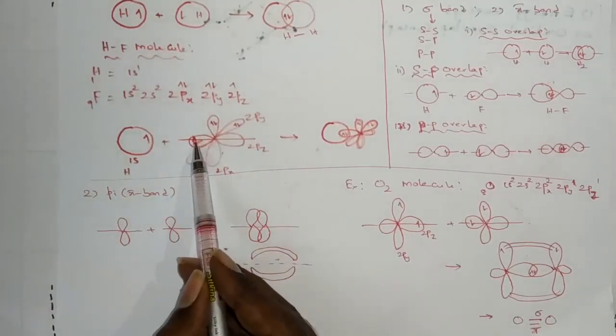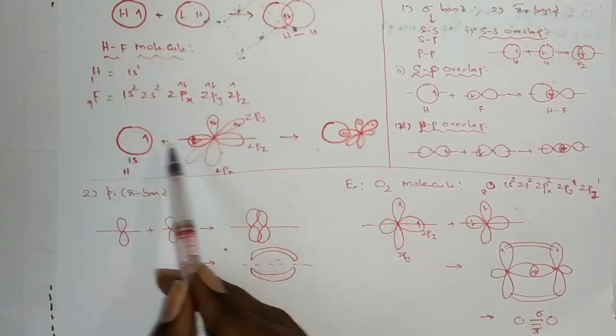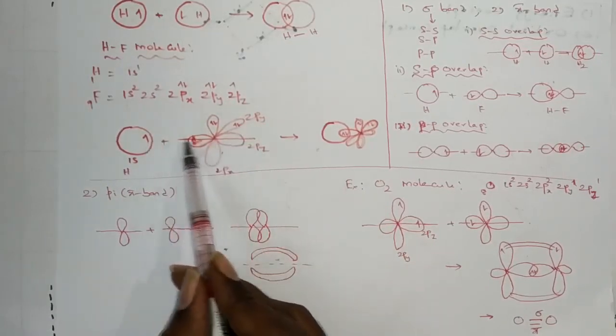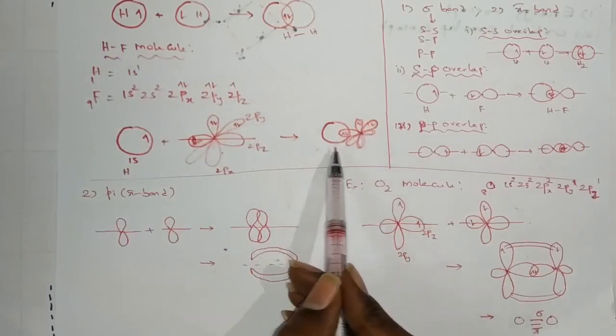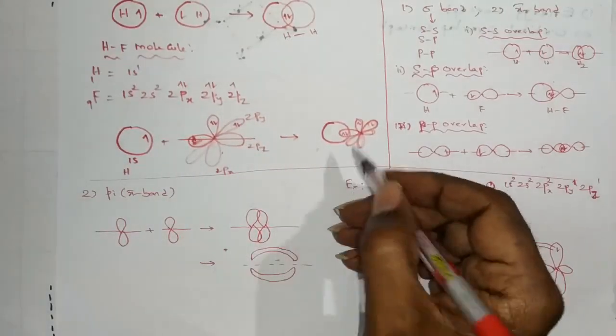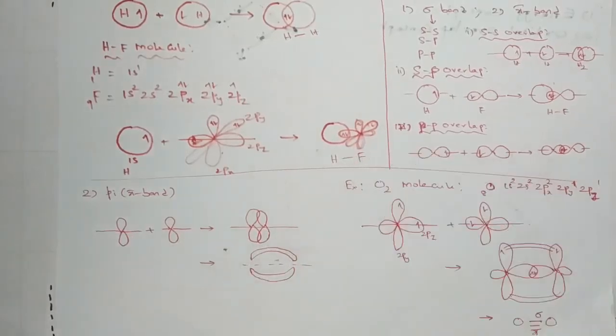Only this orbital is involved in the formation of the bond. So this hydrogen 1s and this 2pz, having opposite spins, overlap to form a bond like this. So here the HF molecule is formed.